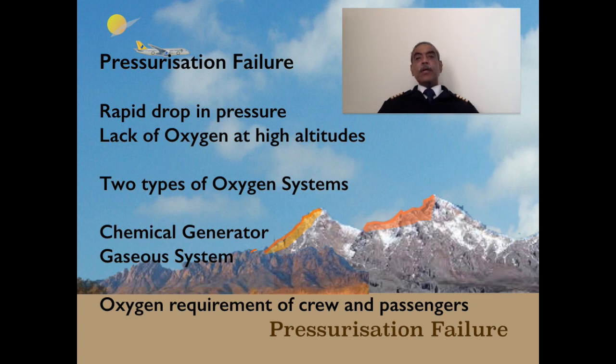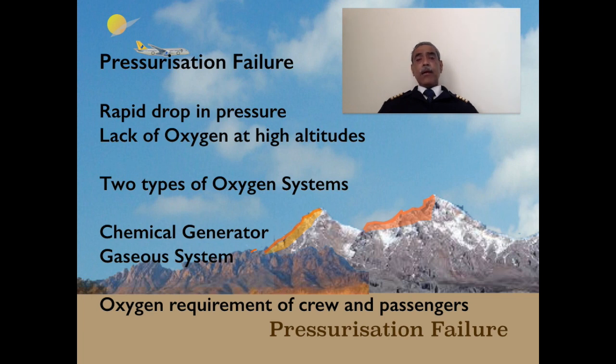But should there be an emergent situation in which the aircraft loses the pressurization system, the pressure inside the cabin is going to be equal to the outside pressure, and there is going to be lack of oxygen at very high altitudes. So we need to understand and learn the provisions for such emergent situations, which also have been specified in the rules.